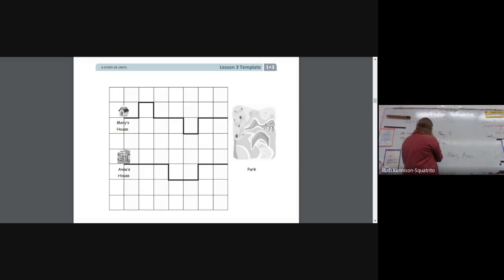That would be in order from longest to shortest. If Beth moved in and her path is longer than Mary's, and we know Mary's is longer than Anne's, then it goes Beth, Mary, Anne. Longest to shortest. Okay, and Mary's would be right in the middle, right?